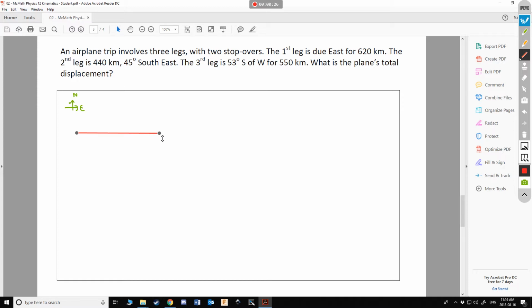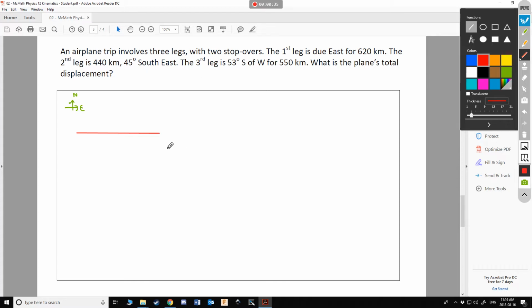So there's our first one. And from there it says the second leg is 440 kilometers, 45 degrees southeast. So just 45, so halfway between.